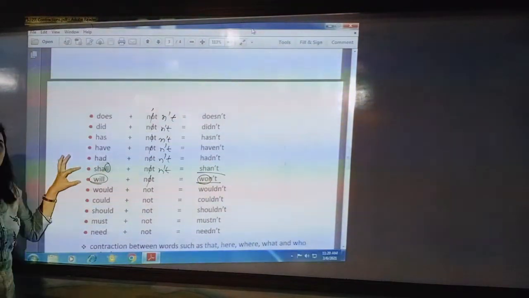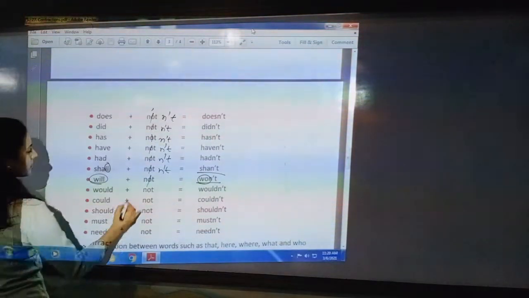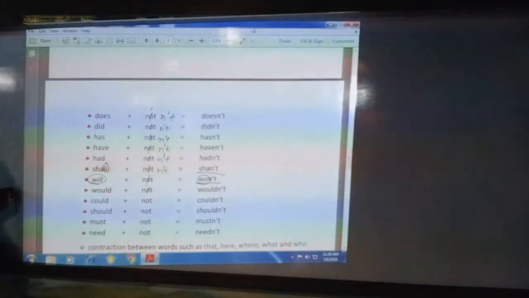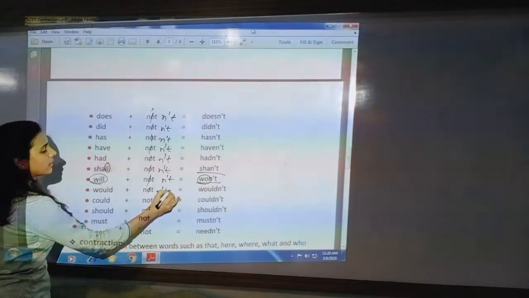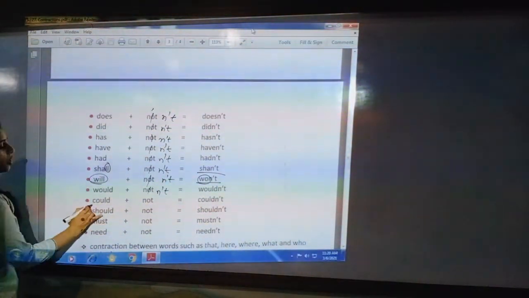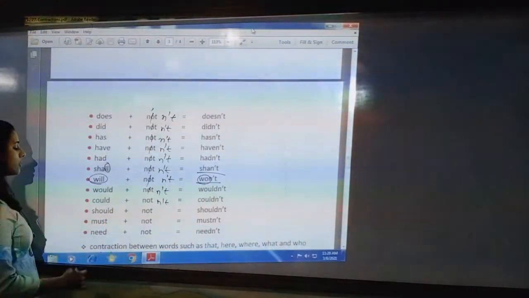That is, shall not will be shan't and will not will be won't. Next, would not. O will be removed and apostrophe T: wouldn't. Could not, couldn't.